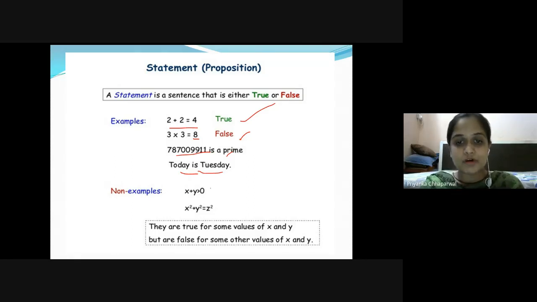But here I am writing x plus y is greater than 0. So it is true or false; it just depends on the values of x and y.